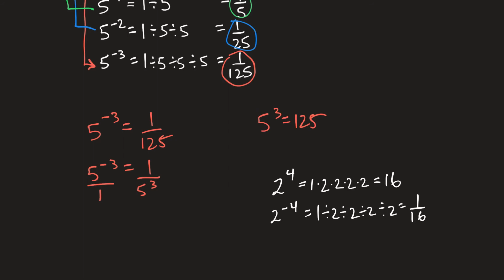See that relationship there? So if I have 2 to the negative 4th, that is equal to 1 over 2 to the positive 4th, right? Because if 2 to the negative 4th is 1 over 16, and 16 itself right there is 2 to the 4th, then instead of 16, I could write 2 to the 4th right there.